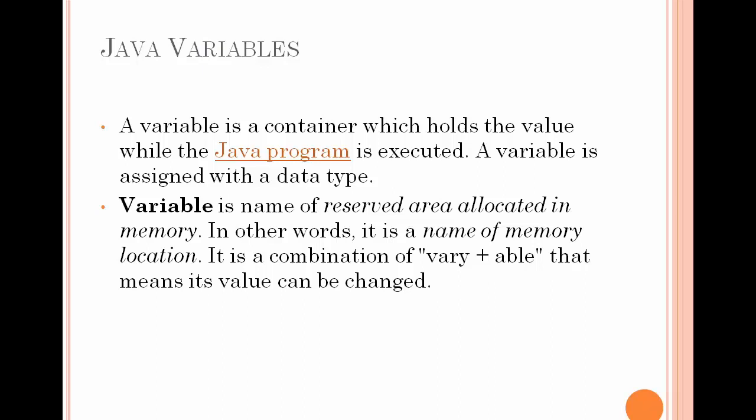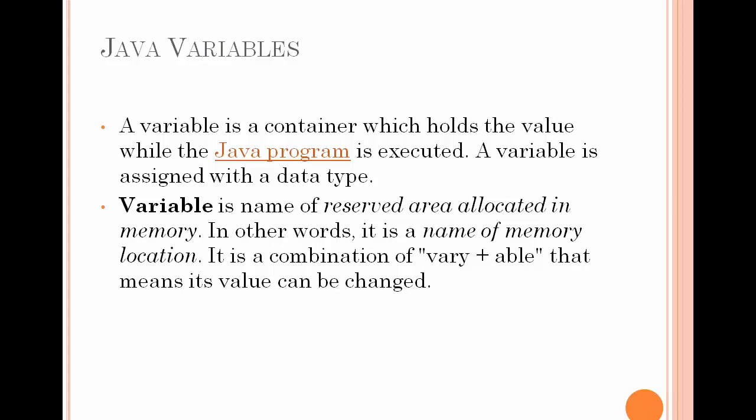A variable is the name of a reserved area allocated in memory. So there is some area which gets allocated in memory by the Java program, and that memory gets a name so that it can be referred to or retrieved.